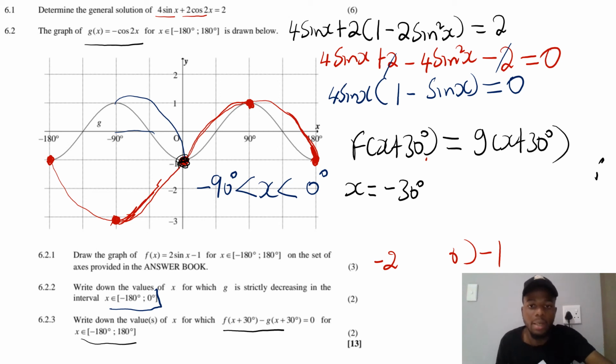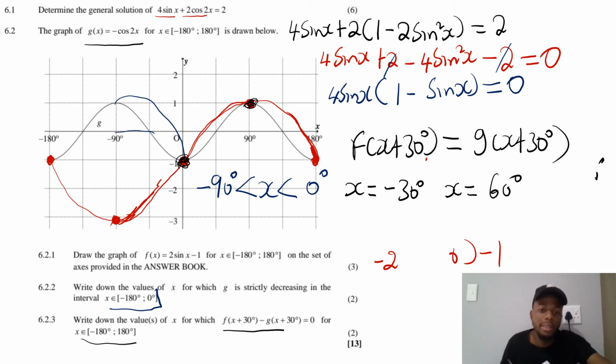Okay, of that transformation. Again, they were intersecting at 90 degrees here. So after being shifted 30 units to the left, instead of intersecting at 90 degrees, they will be intersecting at 60 degrees.